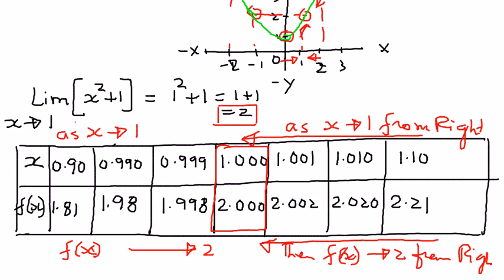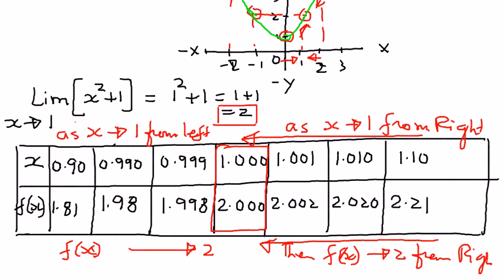As x approaches 1 from the left, the function f of x approaches 2 from the left. And as x approaches 1 from the right, the function f of x approaches 2 from the right.